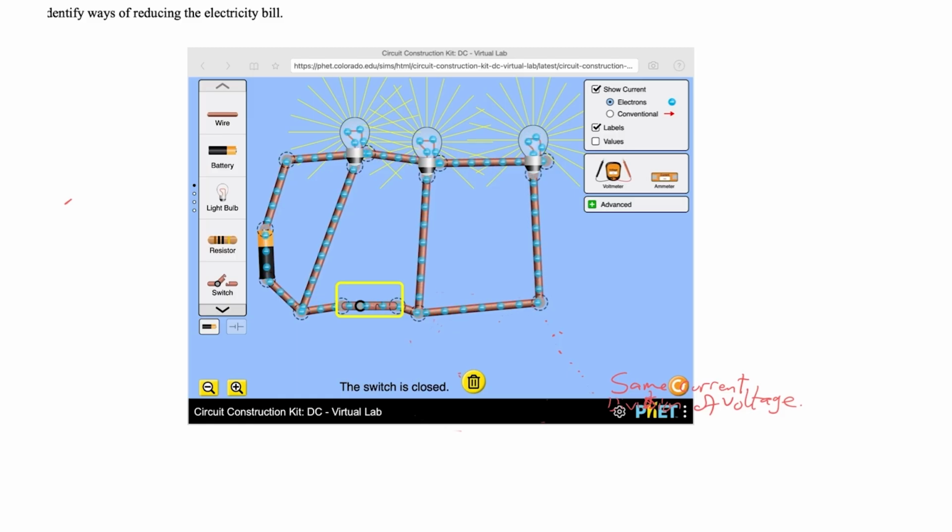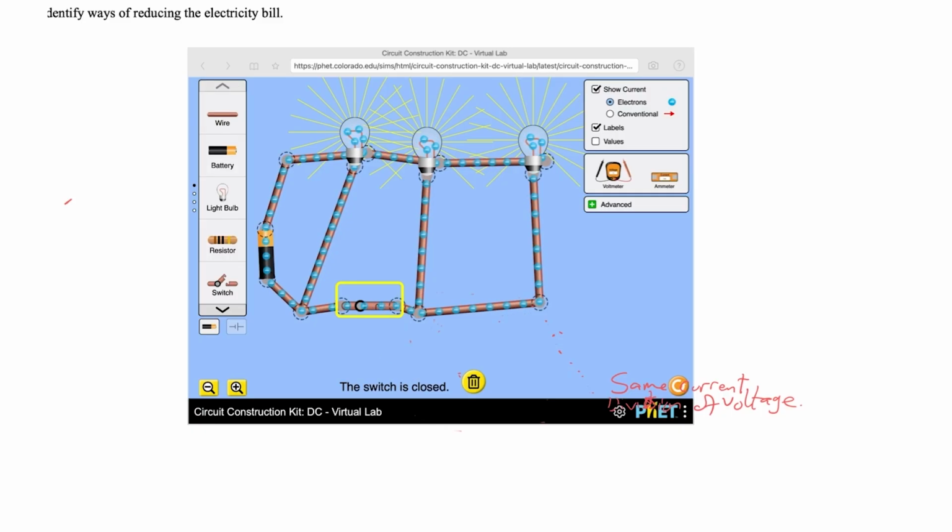So under parallel arrangement of electrical components, we have these components connected side by side, providing multiple paths of current. What are the basic characteristics of this electrical circuit connection?